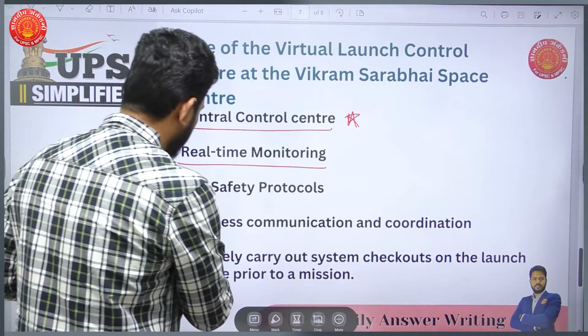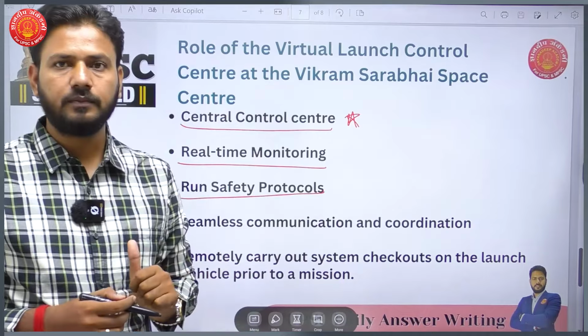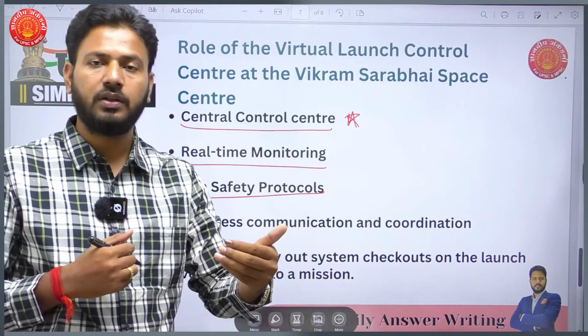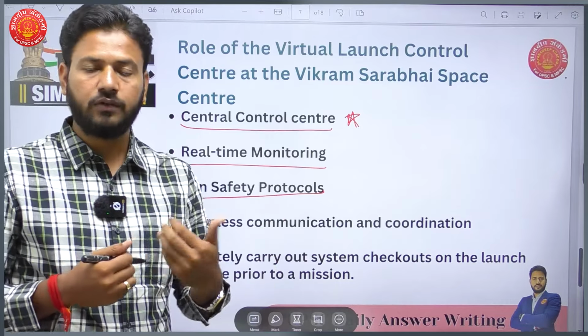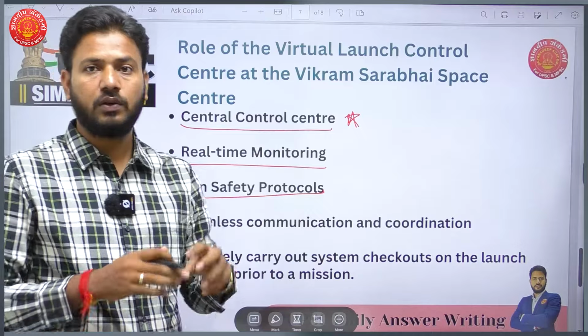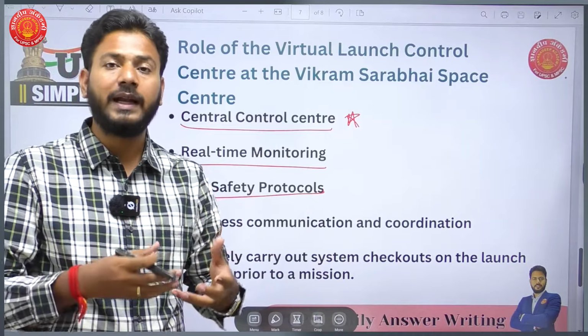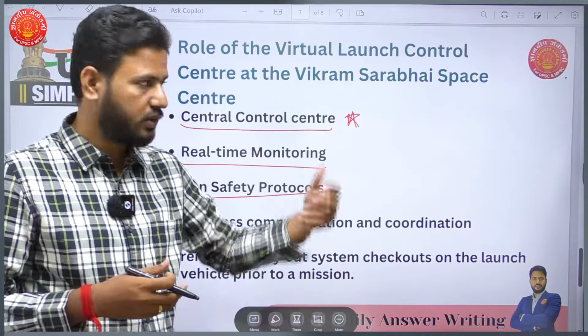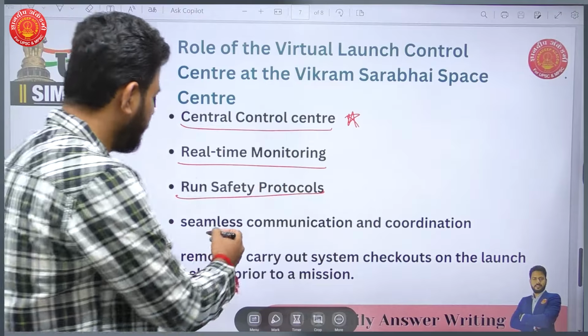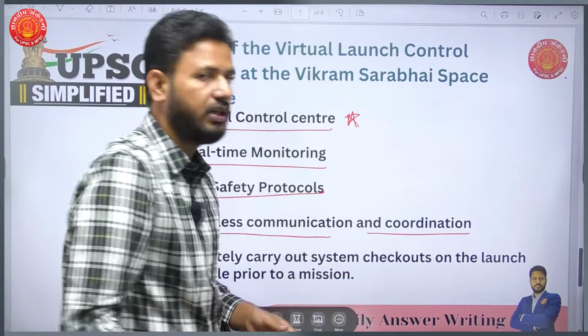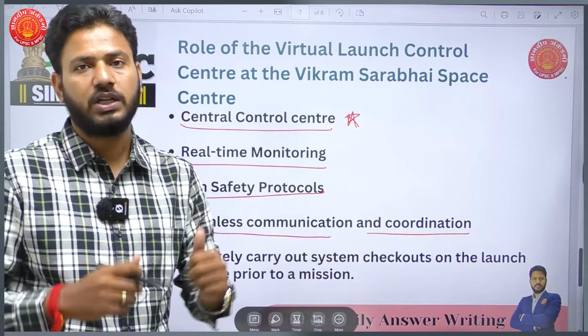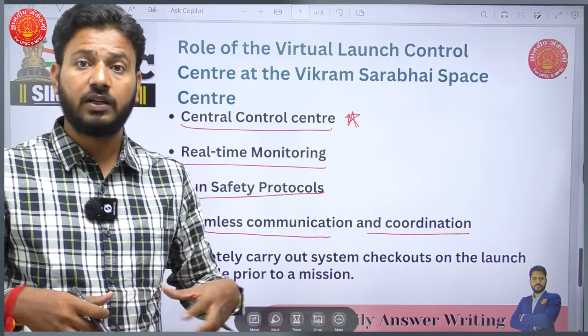Then you have safety protocols. Before and during the mission, running all the safety protocols on the payloads, the lander and the rover was done with the help of this center. Then seamless communication and coordination amongst different ground stations spread across India.